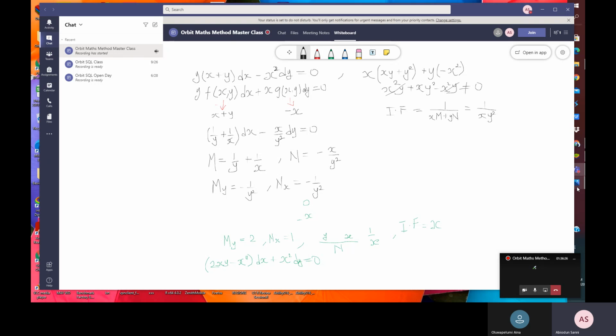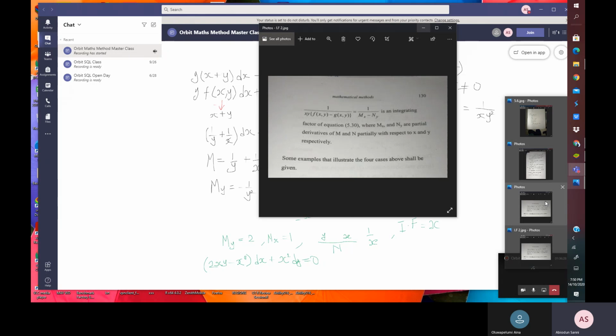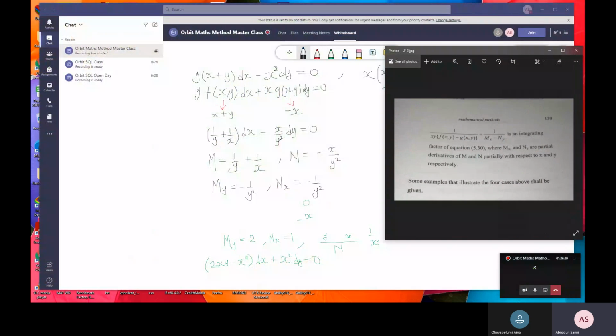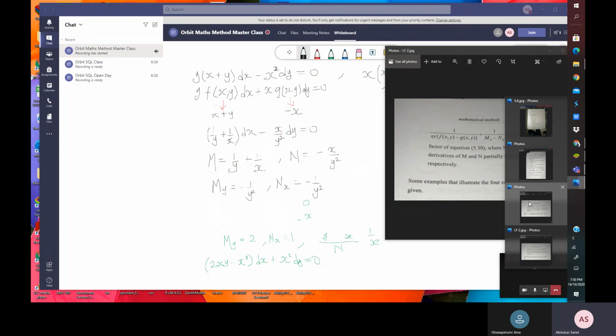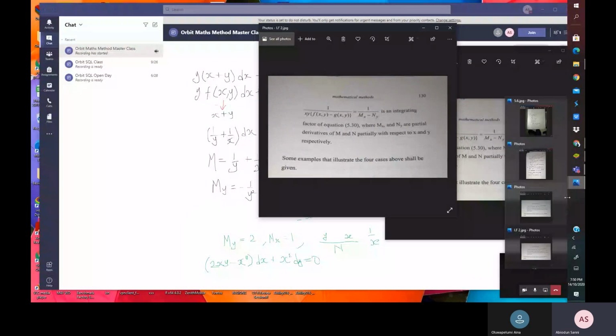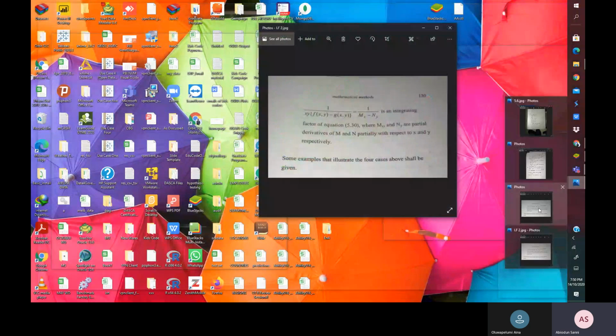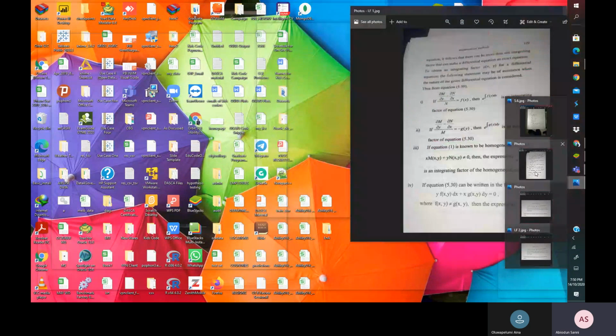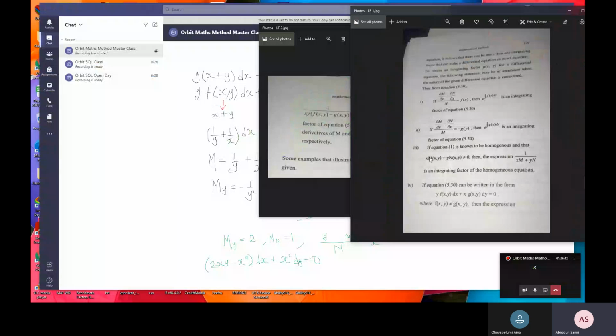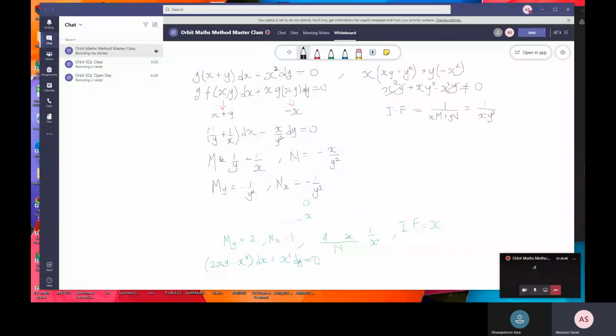So what we just learned is that if this condition 3 is fulfilled, don't go to condition 4. You just use this condition 3 to find your integrating factor. Since it's a homogeneous equation, and this is not equal to 0, our integrating factor is equal to 1 over whatever you get here, which is this.